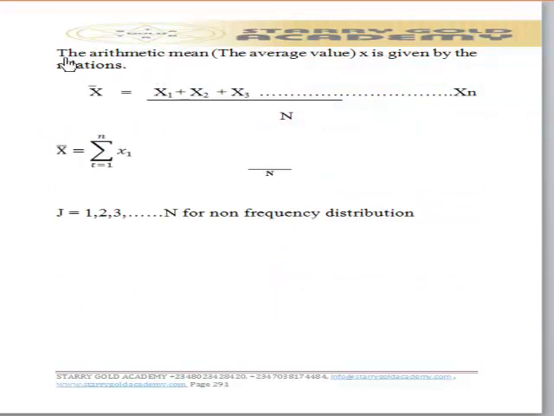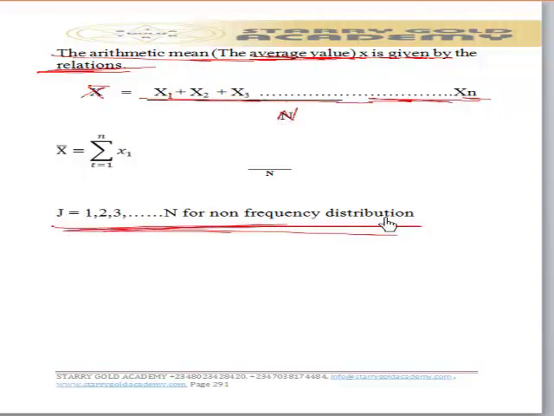Like I said, the arithmetic mean is simply regarded as the average value of x, and it can be computed using this formula: x bar equals x1 plus x2 plus x3 up to xn all over n. That is a simple formula we can use for computing the arithmetic mean. The x bar here represents the arithmetic mean or the average value.